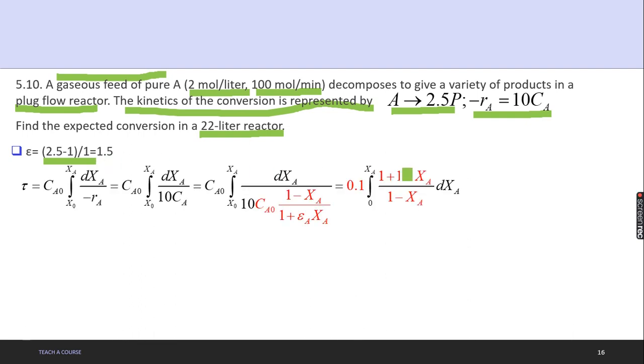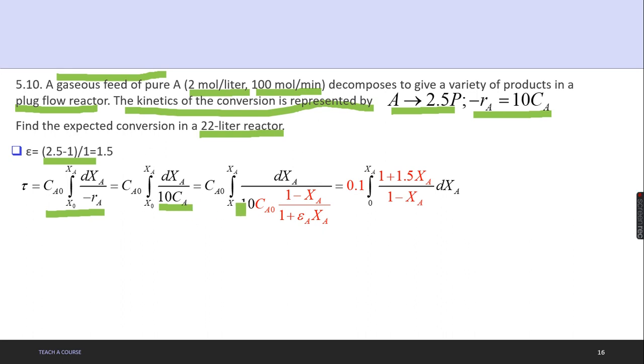Keep it there. Now coming to our performance equation for plug flow, it is the same, we are repeatedly doing the same job. Instead of minus Ra, we can write 10 Ca, and we plug it in. Ca we have to convert in terms of Xa.